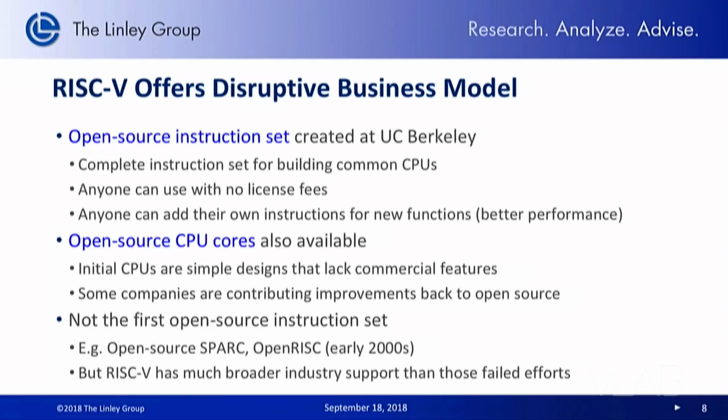This is different from ARM's model, in which you have to get a license and pay for it. You can also get open source CPUs: you just download the code for the CPU from GitHub and use that to build a CPU into your processor. This is not the first time we've had an open source instruction set. There have been other attempts in the past, but this is the first open source instruction set that has really gotten a lot of traction.